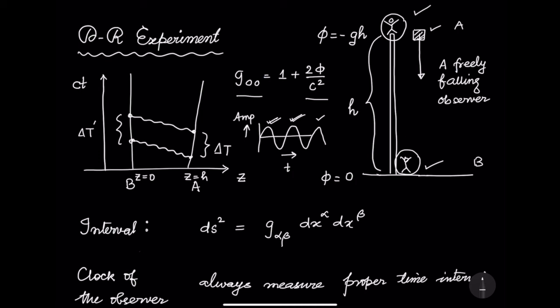But when it is looked at by an observer at A and an observer at B who is not falling freely, so those observers are doing the experiments by staying at A and staying at B, they have actually this type of trajectory. This line should have been vertical. So they will see a difference in the frequency of the clocks. That completely explains the Pound and Rebka experiment.